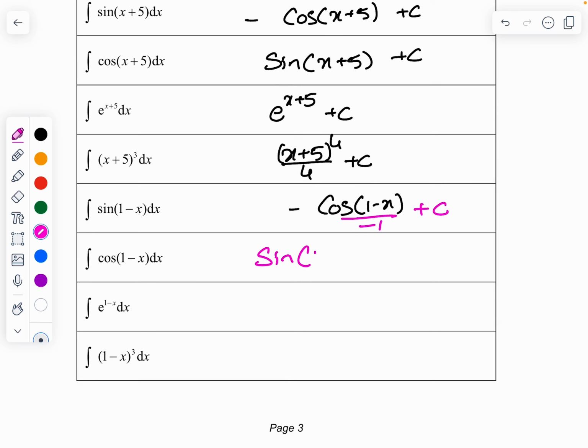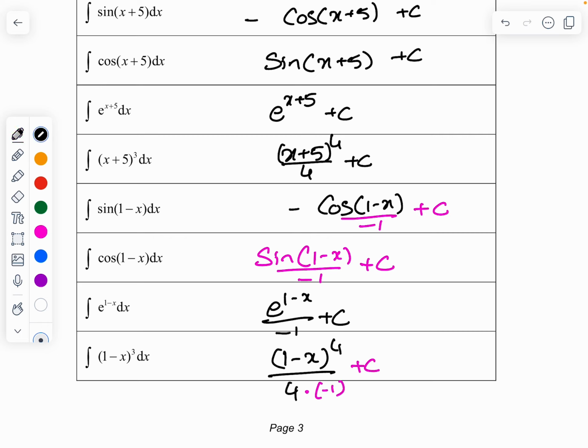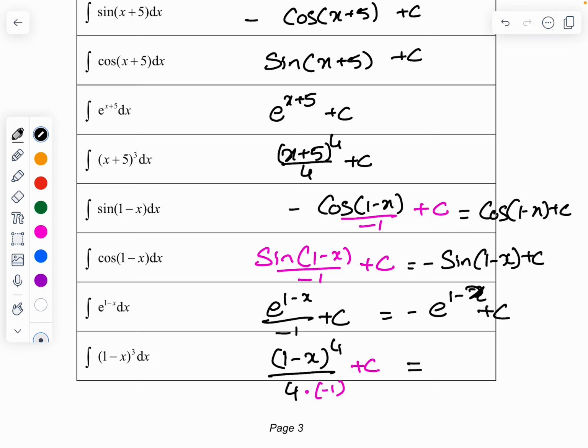Then sine of 1 minus x divided by minus 1 plus c. e power 1 minus x divided by minus 1 plus c. 1 minus x whole to the power of 4 upon 4 times minus 1 plus c. In all these cases, you can simplify and write it as cosine of 1 minus x plus c, minus sine of 1 minus x plus c, minus e power 1 minus x plus c, minus 1 minus x whole to the power of 4 upon 4 plus c.